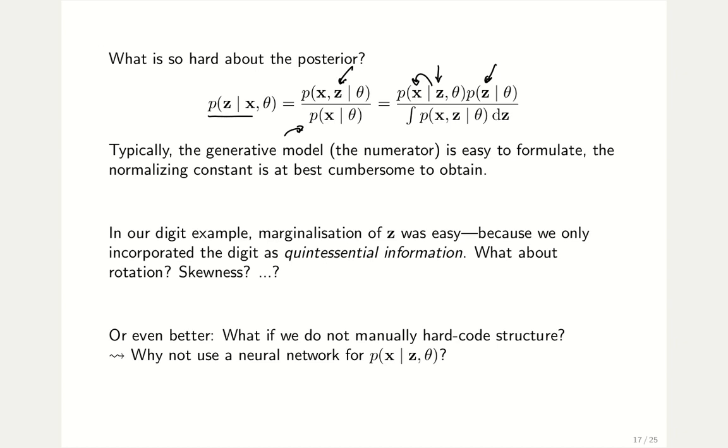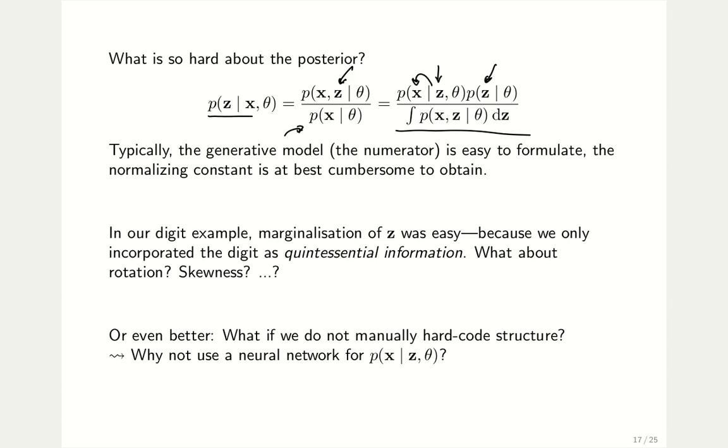What is much harder is the data likelihood. That's what we were struggling with from the beginning. And that's because we have to solve this integral, and this integral is typically very hard to solve. Now, if you remember our example, it was actually not so hard to solve this integral. It was just a summation over these components, and it was fairly easy to marginalize Z. Well, the reason is that the Z we had for our digits was very simple.